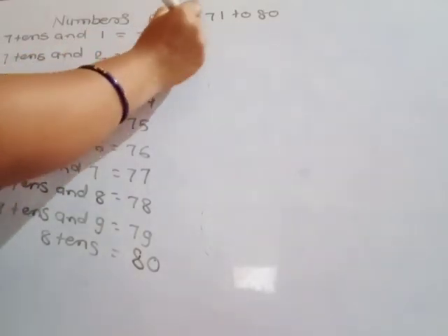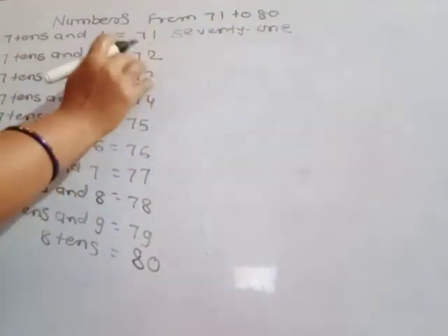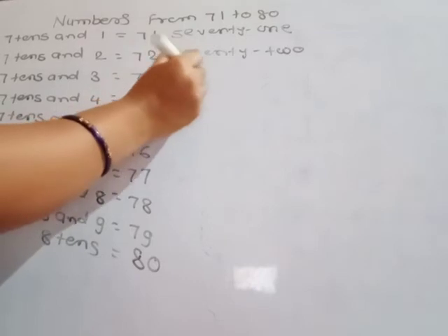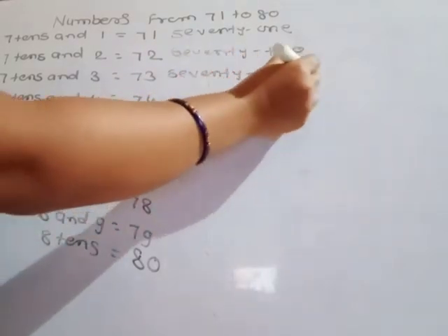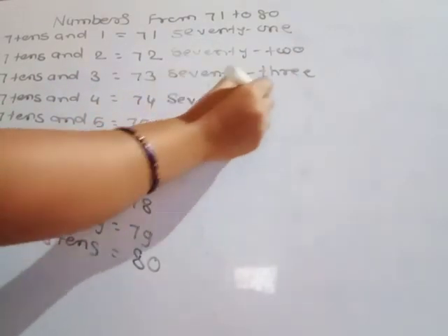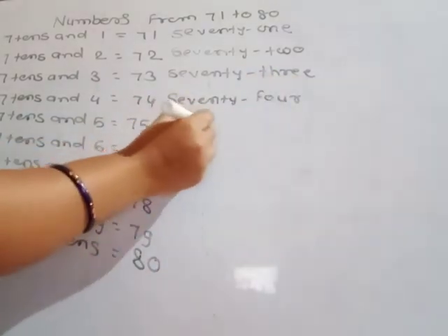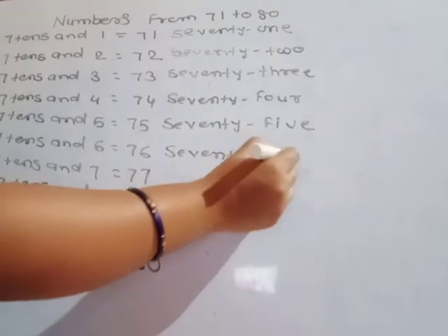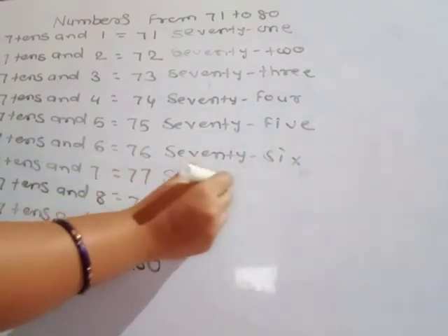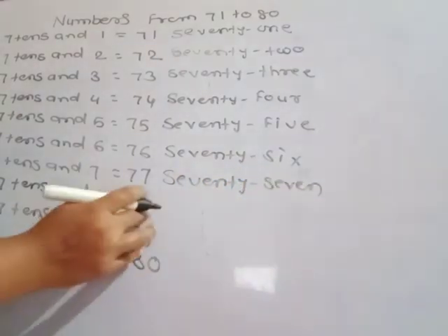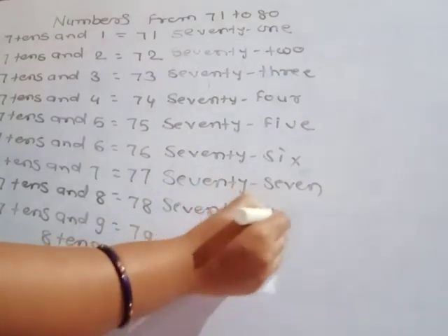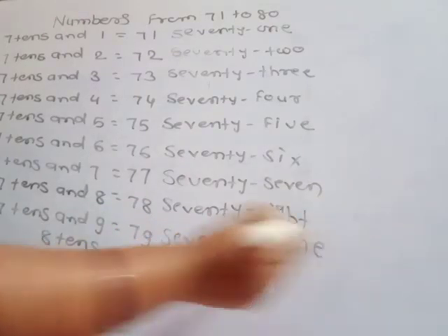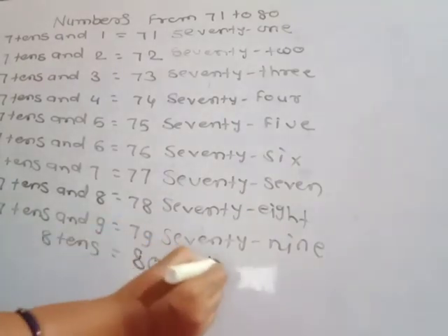Then you write here 71. 72, 73, 74, 75, 76, 77, 78, 79. And 80. Write this name, eighty, 80.